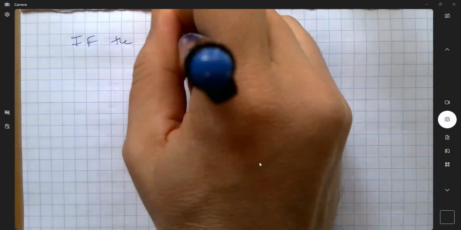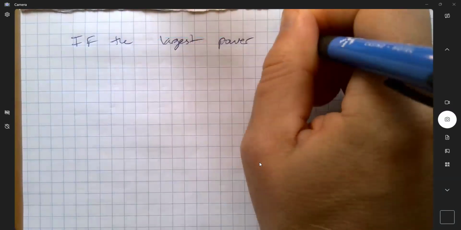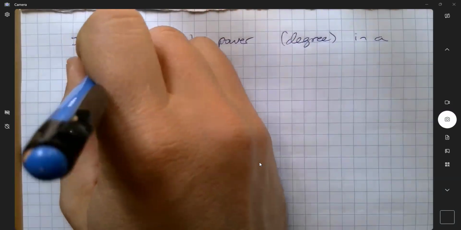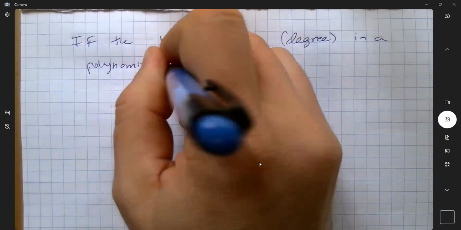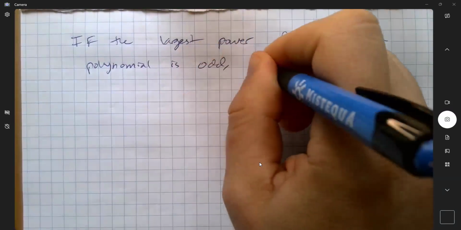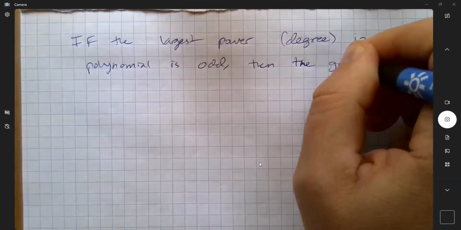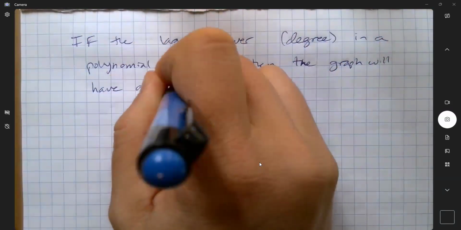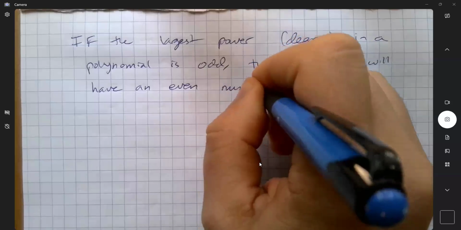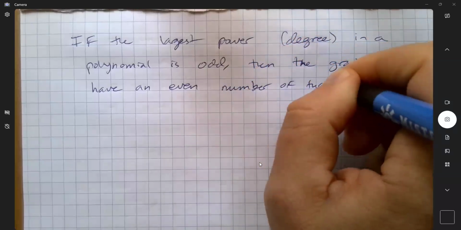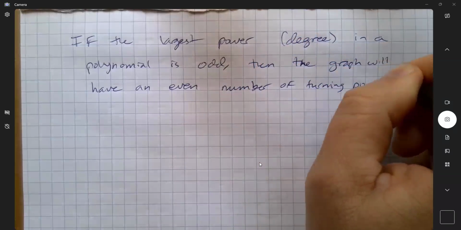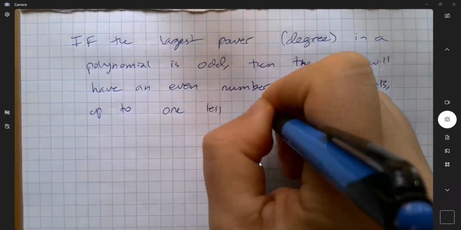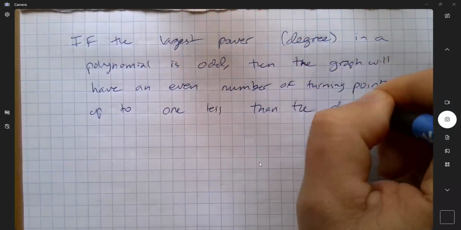If the largest power, called the degree, in a polynomial is odd, then the graph will have an even number of turning points. That's guaranteed, up to 1 less than the degree.